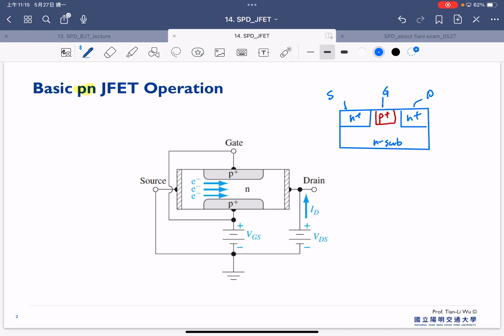So the idea is to use this PN junction to control the channel.